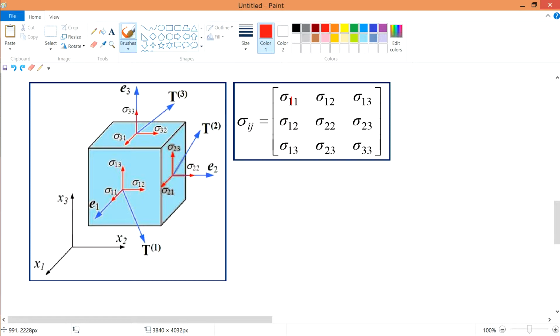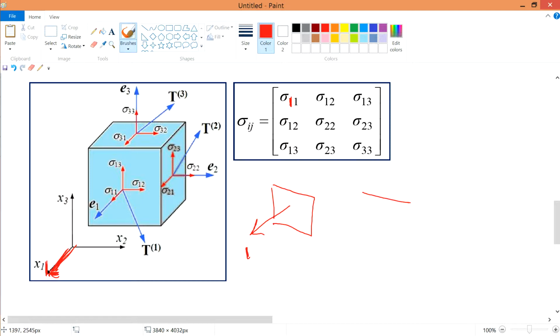Alright, sigma, the first number is simply talking about the plane. So it should be this plane actually, perpendicular to this x1, the one direction. Alright, so we have this plane over here, the one direction is over here.